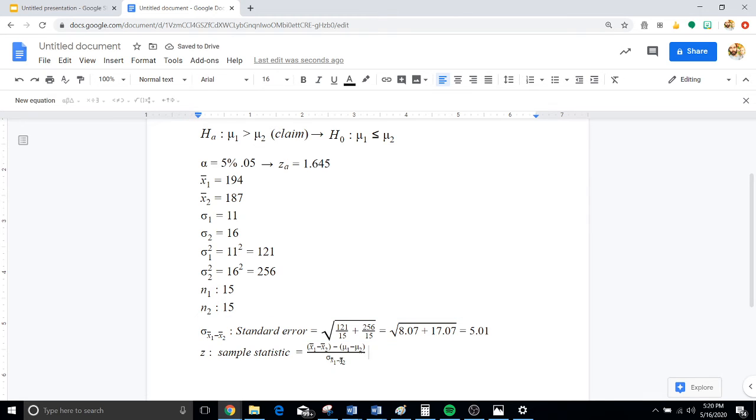Now our standard error, we are going to plug into the bottom of this equation. Let's go ahead and start filling in things. X bar 1, we said was 194. X bar 2 was 187. These mu's we said are equal, so they will cancel each other out. We can get rid of them. And our standard error we just found was 5.01.